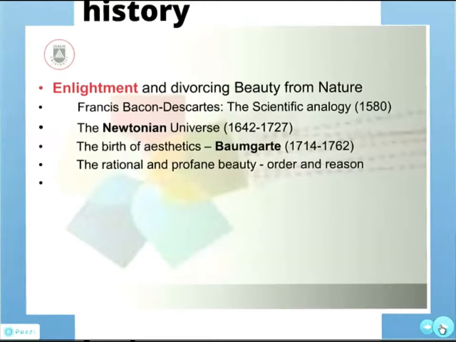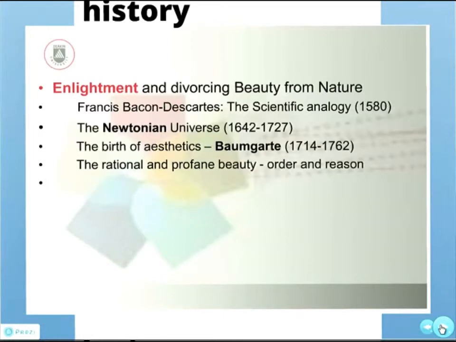And the Newtonian universe, developed with Newton and his ideas in the 17th century, emphasized that sort of philosophy, that now we will understand science and that will transform our life. And through that time, the idea of aesthetics started to be born. So, you know, nature, we can't get aesthetics from nature.